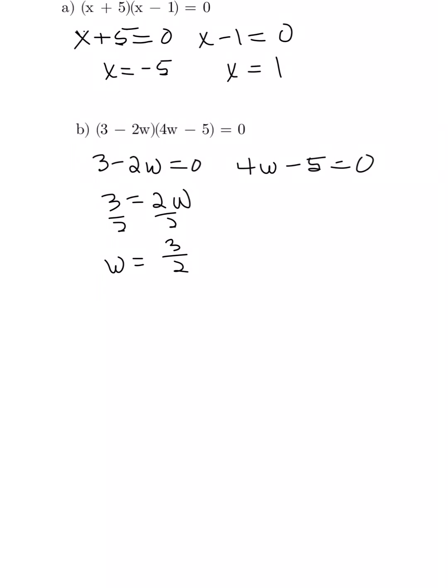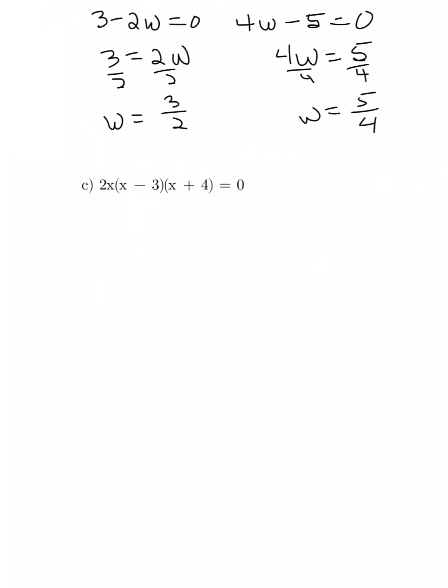On the second one, I'm going to add 5 since my w term is already positive. I now have 4w equals 5, divide by 4, and I get w equals 5 over 4. On our next example, we have 2x on the front times the quantity x minus 3 times the quantity x plus 4 equals 0.